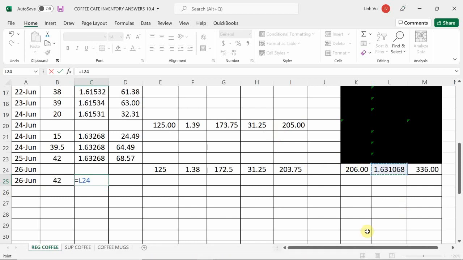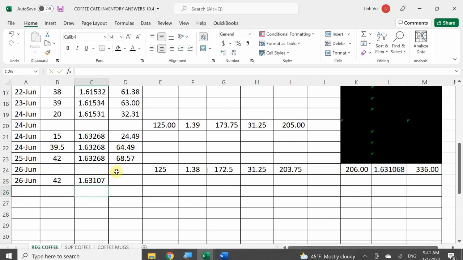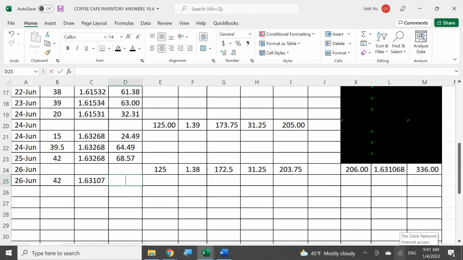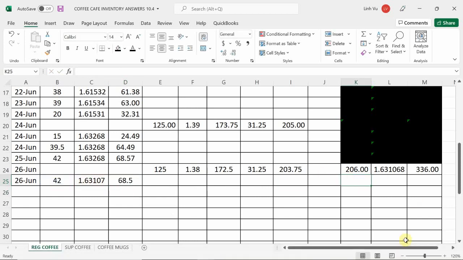What's the cost of goods sold? $68.50. Okay, so let's go ahead and subtract those out.